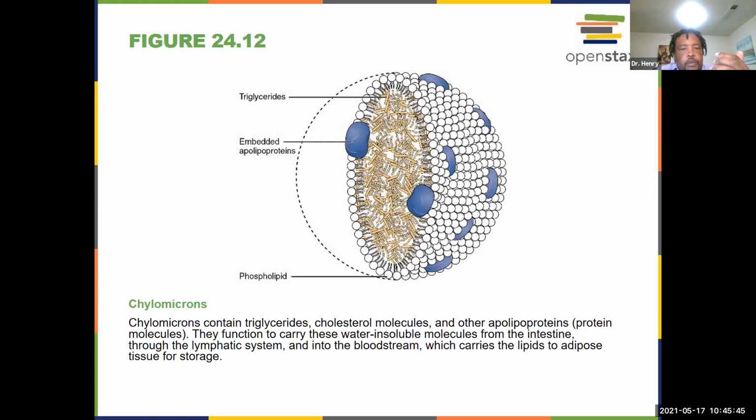So these guys are able to transport through the bloodstream, right? Because of the hydrophilic head. And then they're able to be absorbed because they have the lipid components as well in the intestinal area. Okay. Are you with me so far?